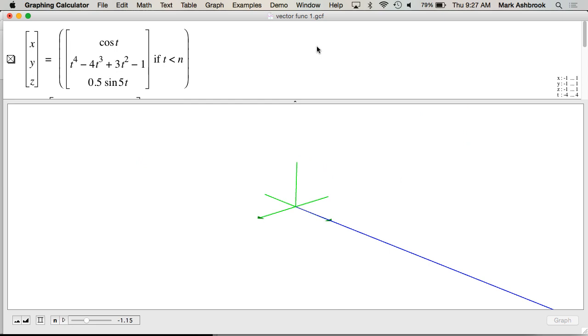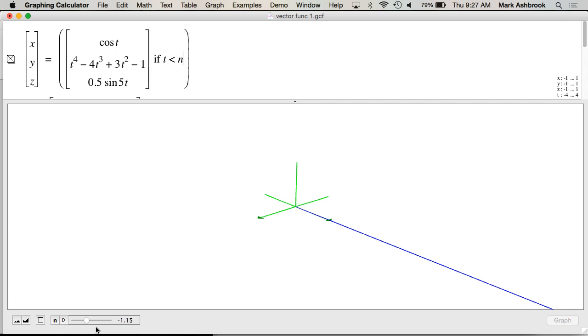So for every value of t, and if you look down here at the bottom, this slider that I have here, n, is also the value of t. So right now the value of t is negative 1.15, and I have this vector here with a very large y component. You see that?